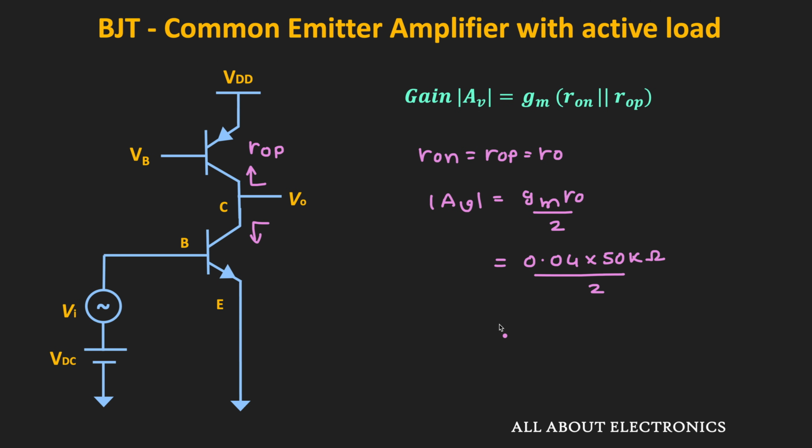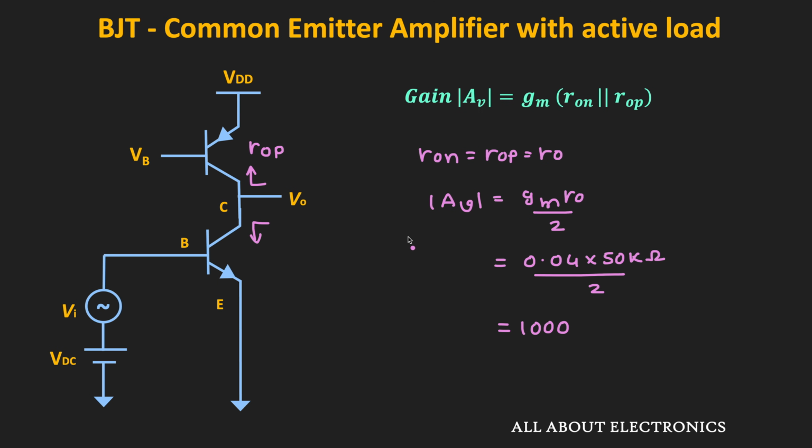That means this voltage gain is equal to 1000. So as you can see, with the actual current source, the voltage gain will further reduce from the intrinsic voltage gain. That means if we want to improve the voltage gain of this amplifier, then somehow we need to increase the output impedance of this amplifier.